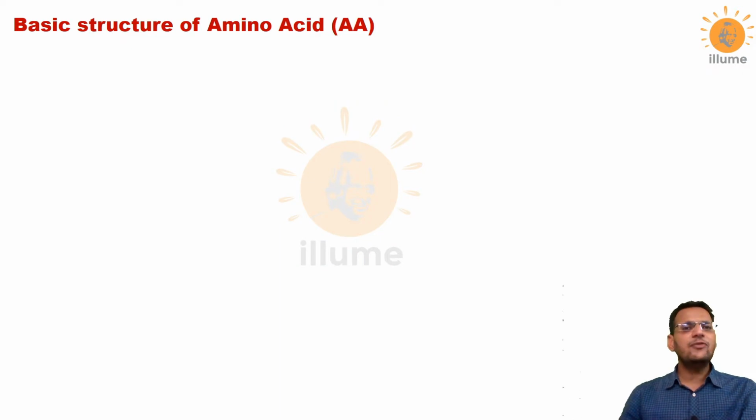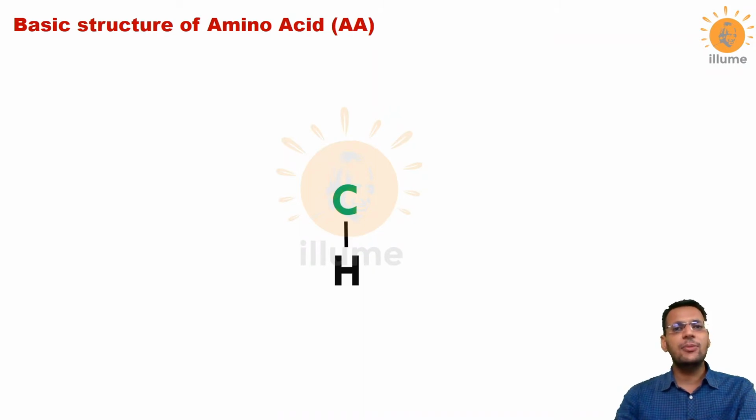Every kind of amino acid has some similarities. If I talk about the basic structure of all of them, there is a central carbon. A carbon has four valencies. The first valency of carbon is occupied by a hydrogen in all kinds of amino acids.